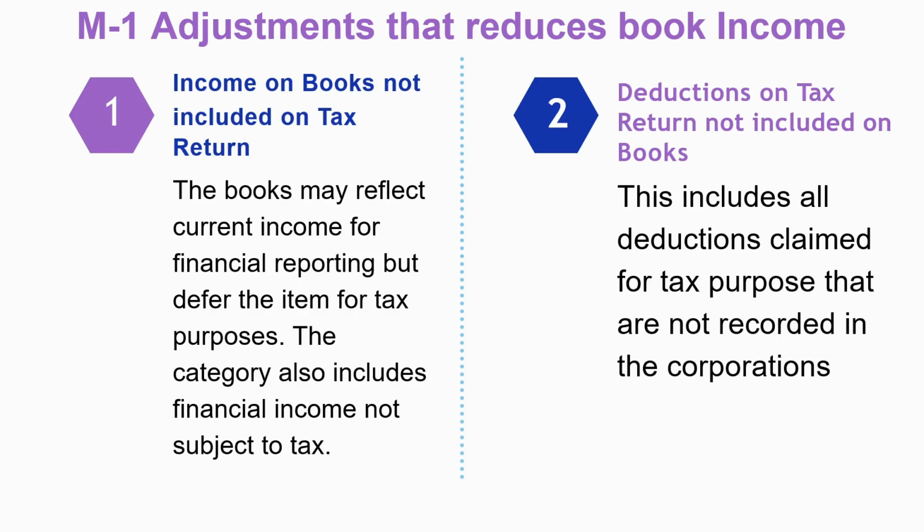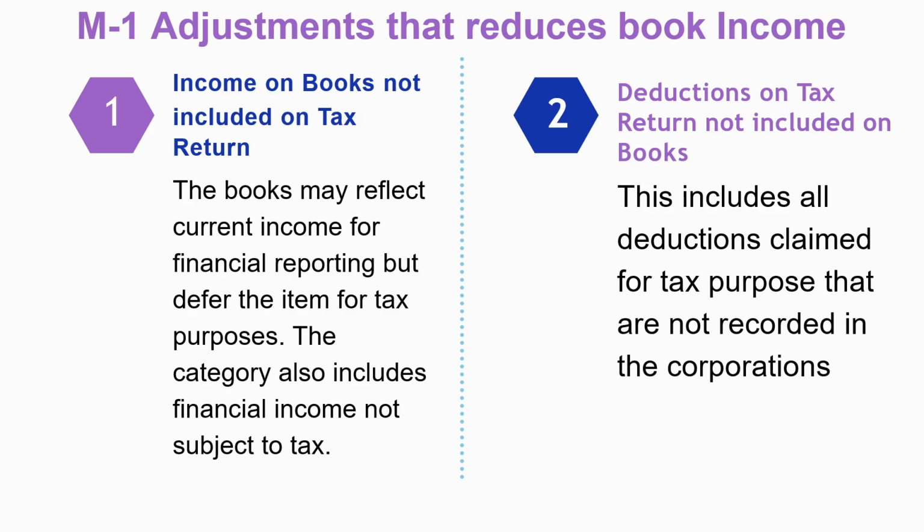The books may reflect current income for financial reporting but defer the item for tax purposes. The category also includes financial income not subject to tax. Examples are tax exempt interest on municipal bonds, and officers' life insurance proceeds. Since the premiums are not deductible, income from the policy is exempt from tax.